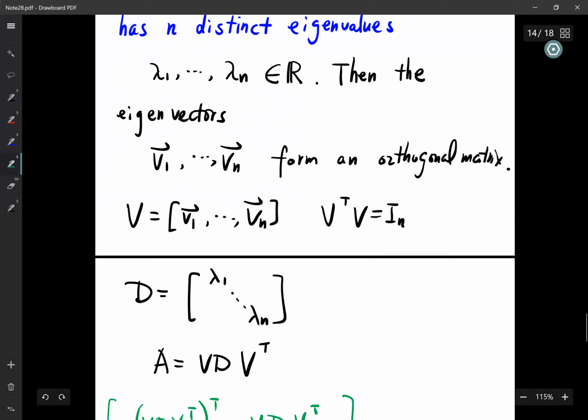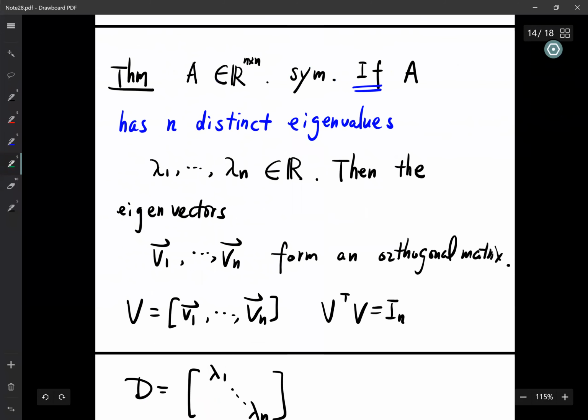So this is really just a summary of what I said above. The interesting part is that I made this additional assumption. I assumed A is diagonalizable. I even assumed that A has n distinct eigenvalues. This is a pretty strong assumption, but not necessary.